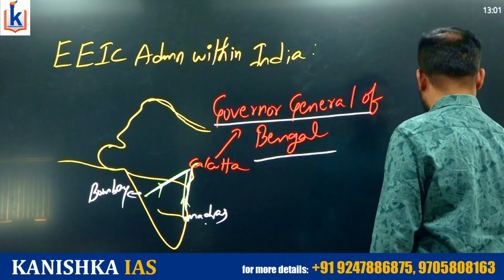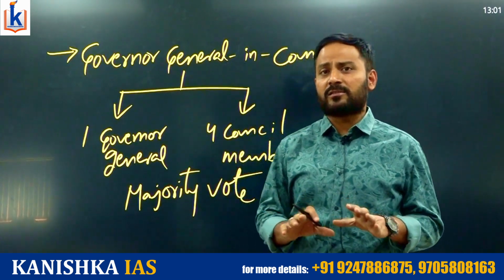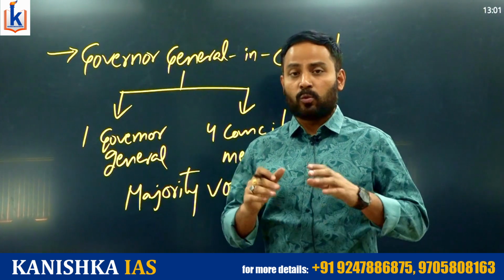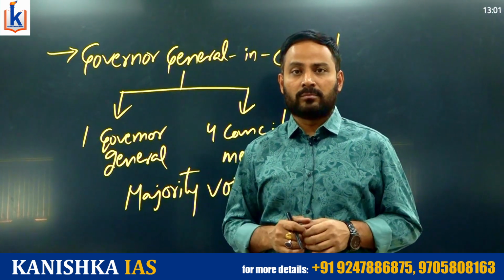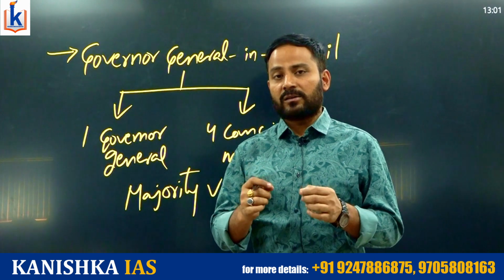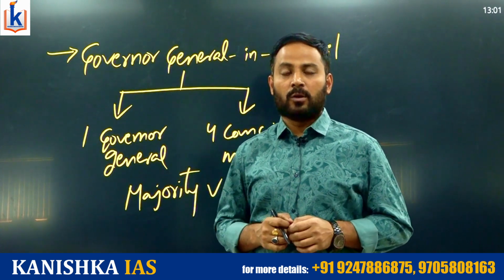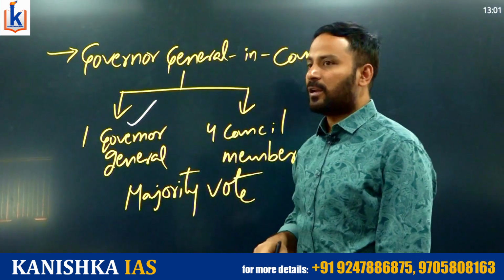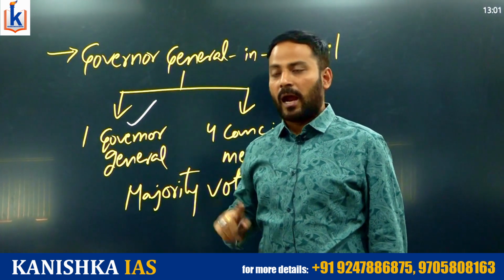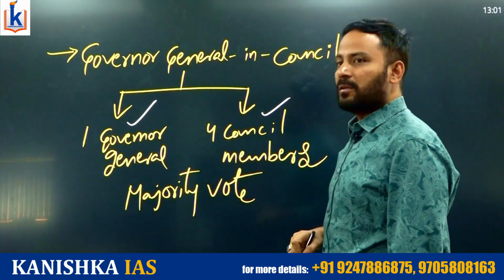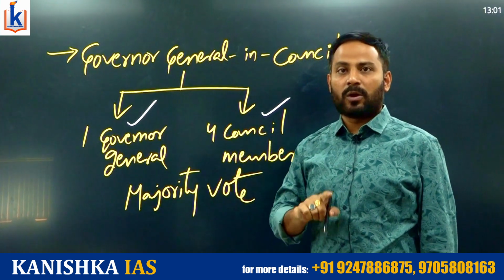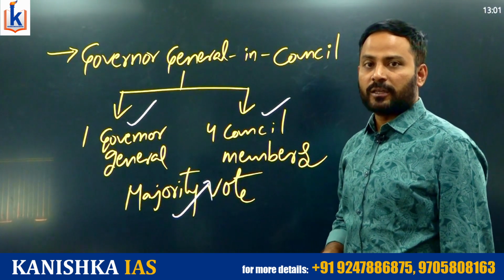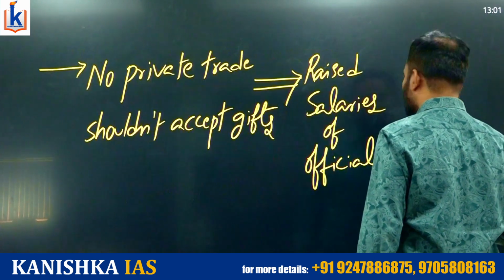And the next change is, here the Governor General was not independent or autonomous. He could not take decisions on his own. He was provided with a Governor General in Council, which had 5 members. Among them, the first one is the Governor General of Bengal, and the remaining are council members. All the decisions were taken on the basis of majority vote.